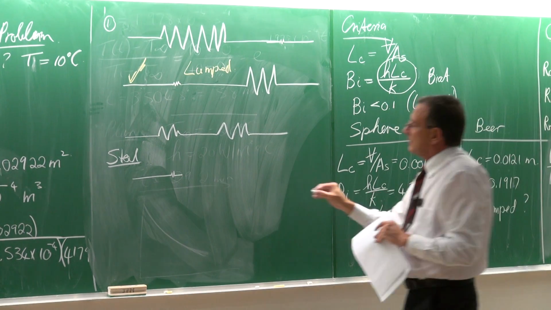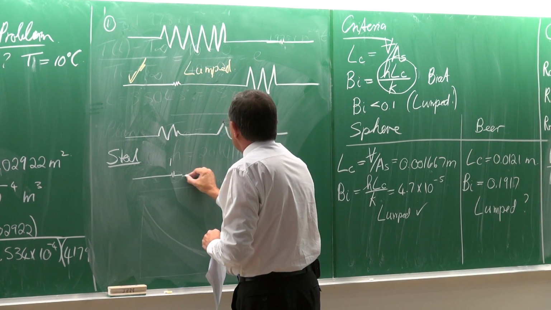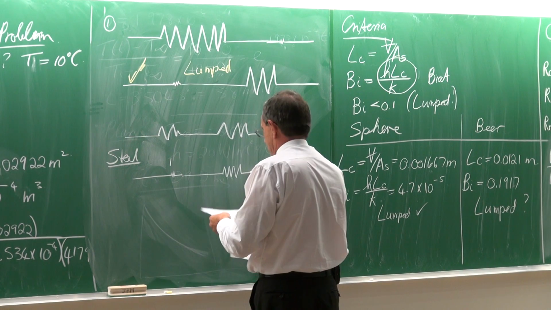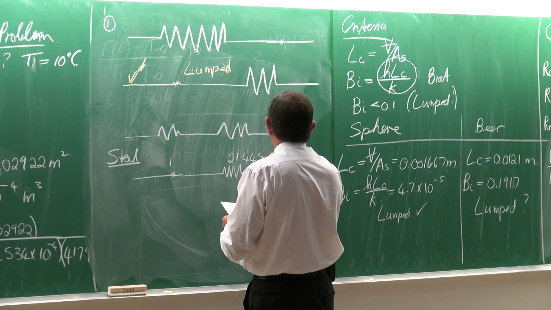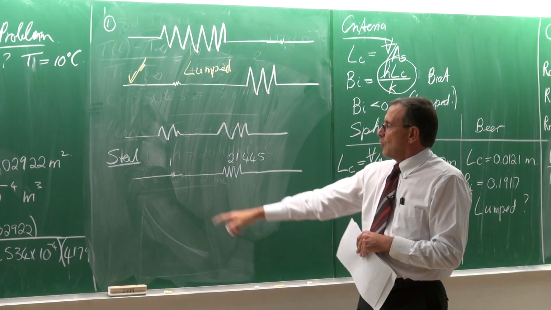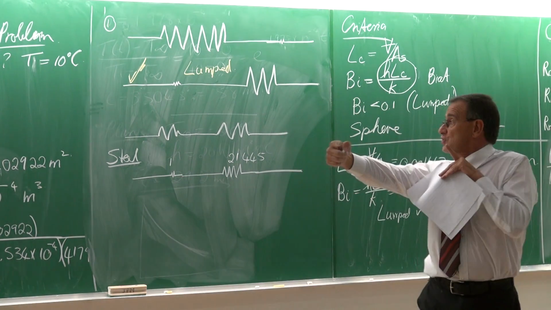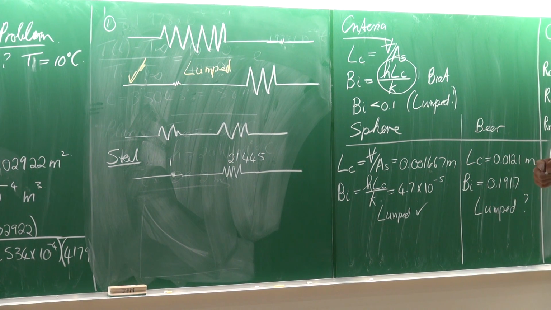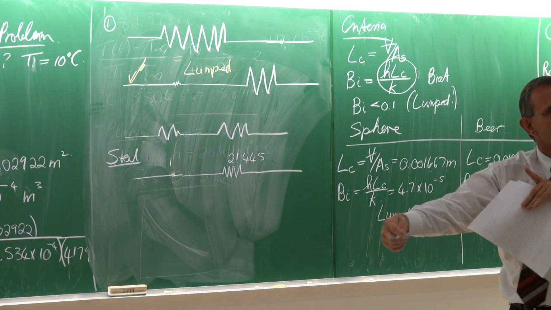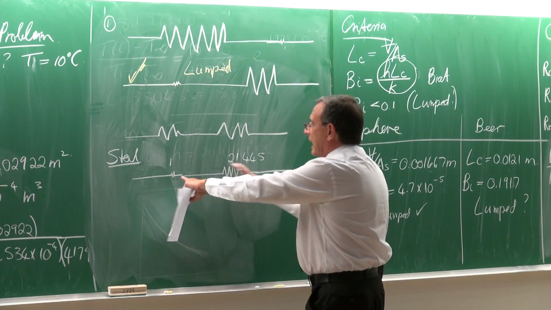If that is 1, then this resistance here will be 21,245. So 1 millimeter to almost 21 meters. Just on scale.